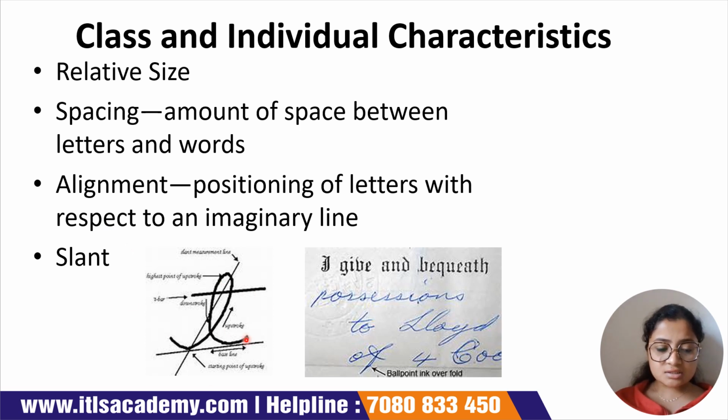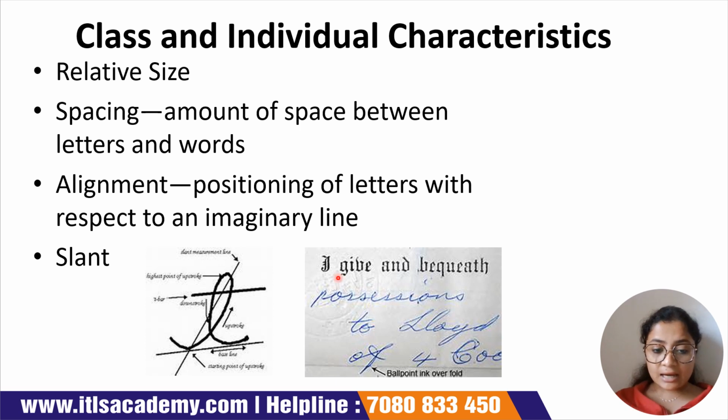This is just a small lettered T. See, various findings can be found from this T only, isn't it? That the alignment is not straight. It is to some extent upward towards the right side. Then this line of the T is not a straight line, it is again tilted towards the left to some extent. So these are some of the findings that we can find out talking about class and individual characteristics of handwriting.